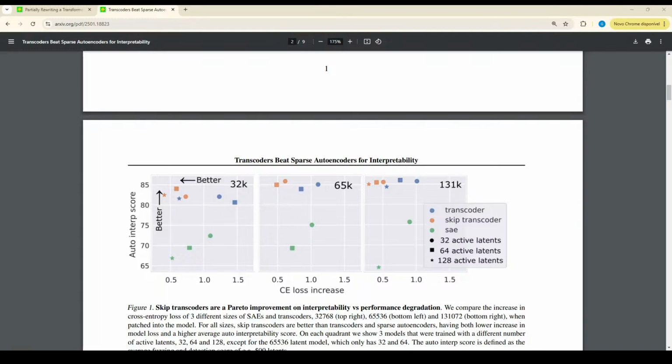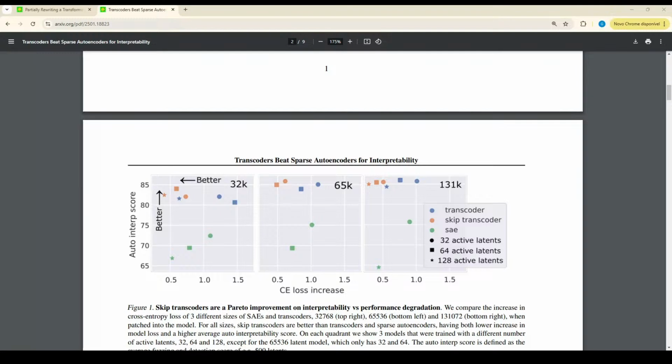And so he was saying, okay, maybe I did discover a better model than SAEs, but if I did the same plot, this plot that I'm showing you, mine would be worse, because they would have a better CE loss but a worse auto interp score.